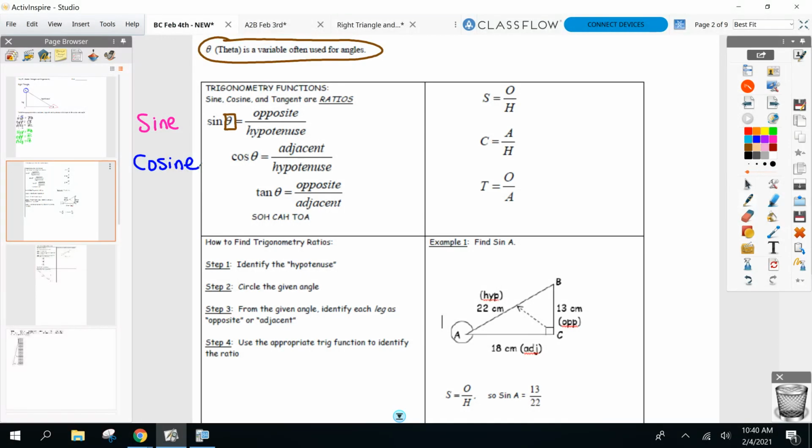And then finally, the third and final ratio is called the tangent ratio. I abbreviate it TAN. How do I find the tangent ratio? I take the opposite side and put it over the adjacent side. So these are three ratios that we're going to use to find missing sides.